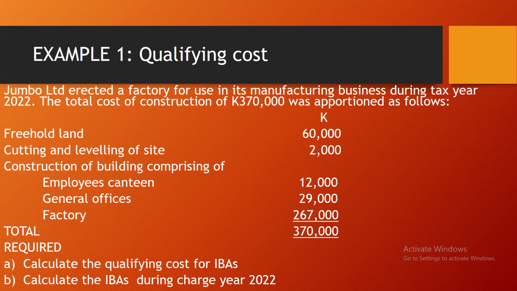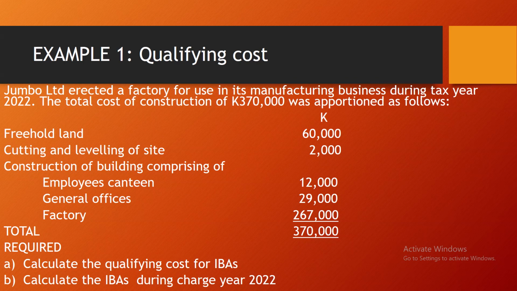The total cost of construction of 370,000 was apportioned as follows: freehold land 60,000, cutting and leveling of site 2,000, construction of building comprising employees canteen 12,000, general offices 29,000, and factory 267,000. That brings us to a total of 370,000.